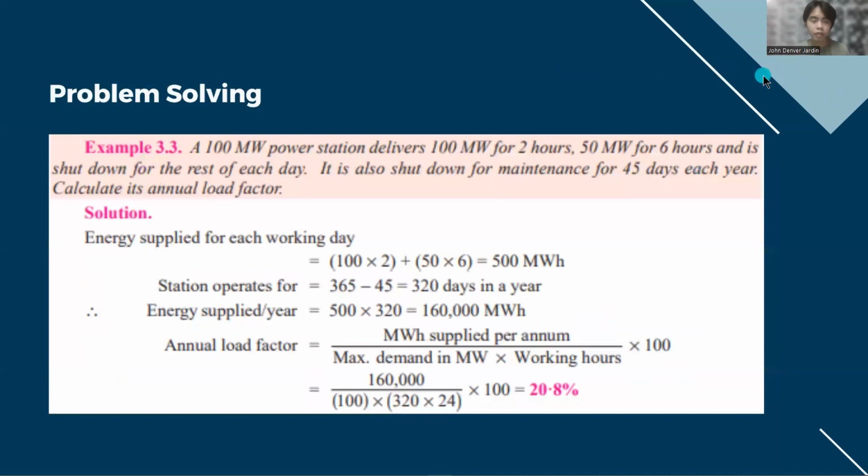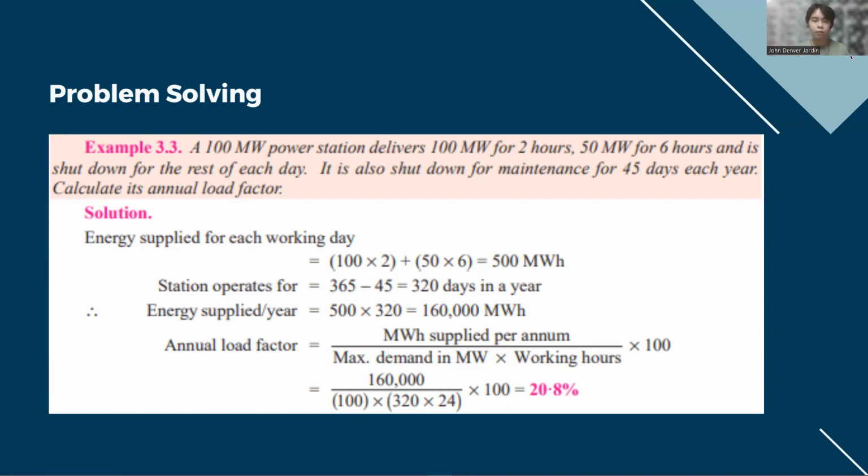Okay. Example number 2. A 100 megawatt power station delivers 100 megawatts for 2 hours, 50 megawatts for 6 hours, and is shut down for the rest of each day. It is also shut down for maintenance for 45 days each year. Calculate its annual load factor.